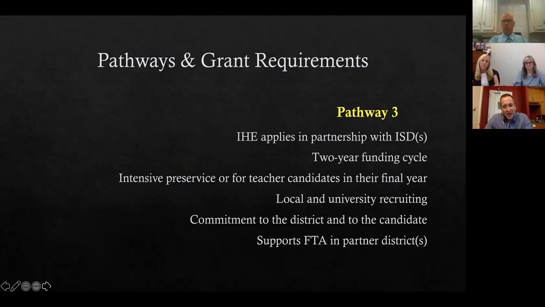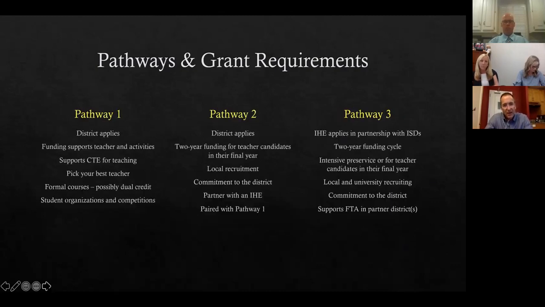And this is new for cycle 3: the universities have to support not necessarily the Future Teachers of America program, but they have to support the education and training courses at the districts. So pathway 1, 2, and 3, and there's lots of ways that we can get new teachers out to rural school districts.